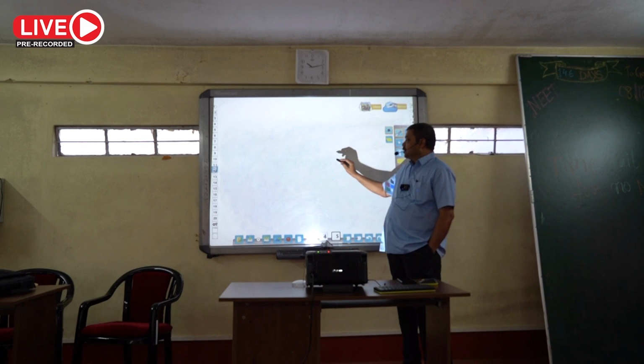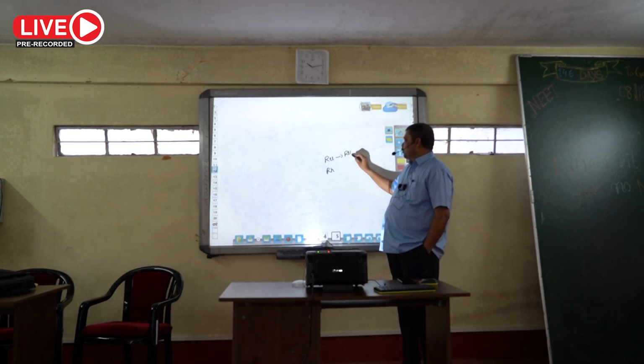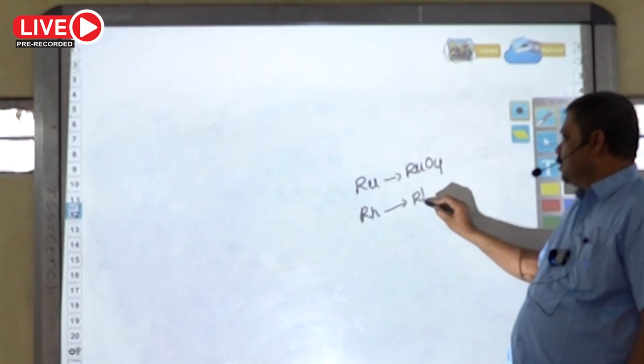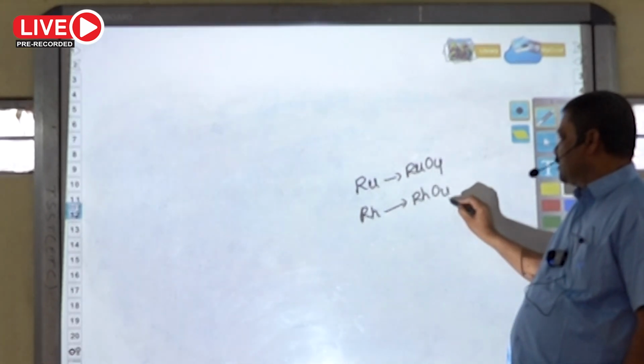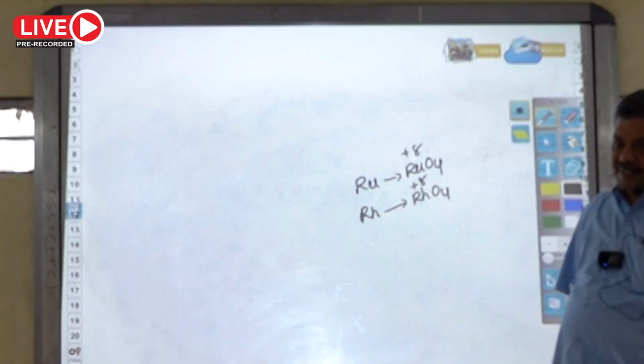But you have 1 point, ruthenium and rhodium. They form compounds called ruthenium tetroxide, rhodium tetroxide, in which +8 is there.